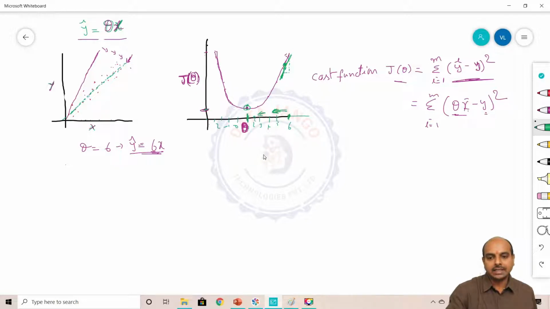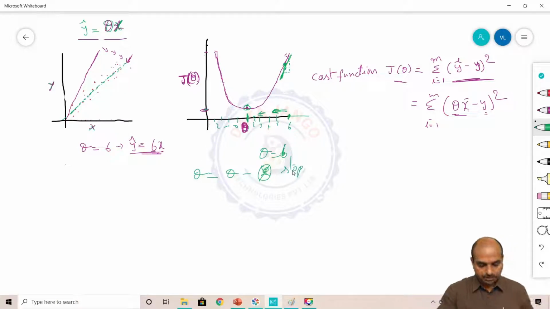Now it is theta equal to 6, 6x, right? So the formula to calculate the next theta is theta minus alpha. We will talk about alpha in a moment. Forget about alpha for some time, and then the slope of the tangent.